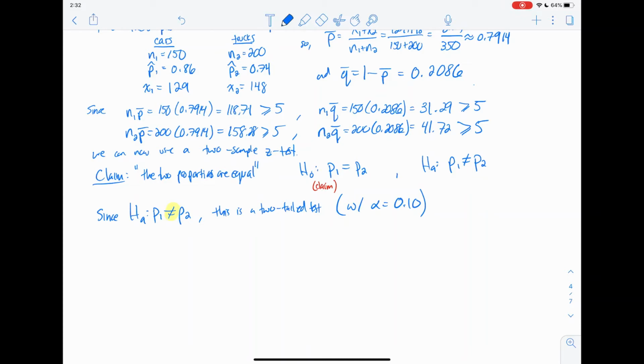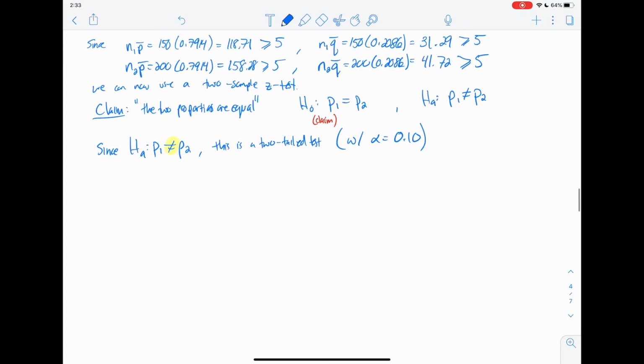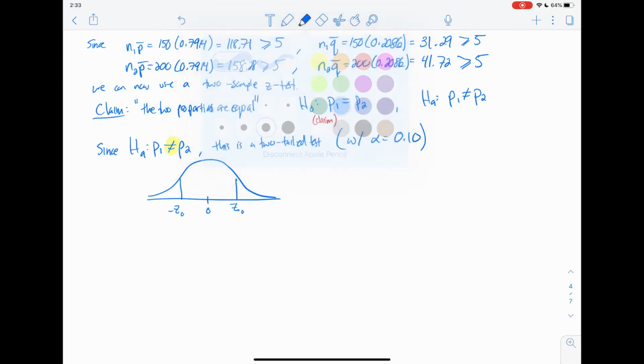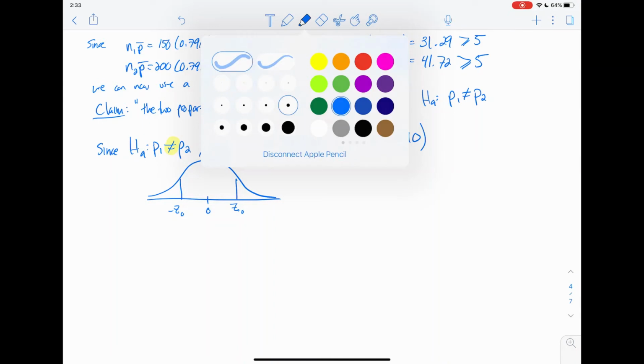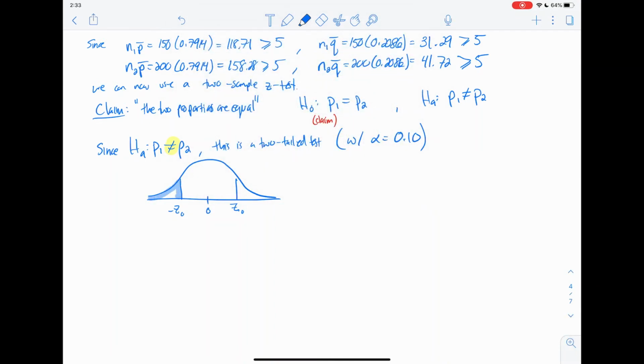And remember, when you're working with the z-test, generally speaking, it is useful to draw a picture in order to argue what your rejection regions should look like. So the picture I'm drawing is, again, a normal curve like this. Here's a 0. Since it's two-tailed, we have a negative z sub 0 and a positive z sub 0. In particular, the sum of the areas for each of the tails is equal to alpha.